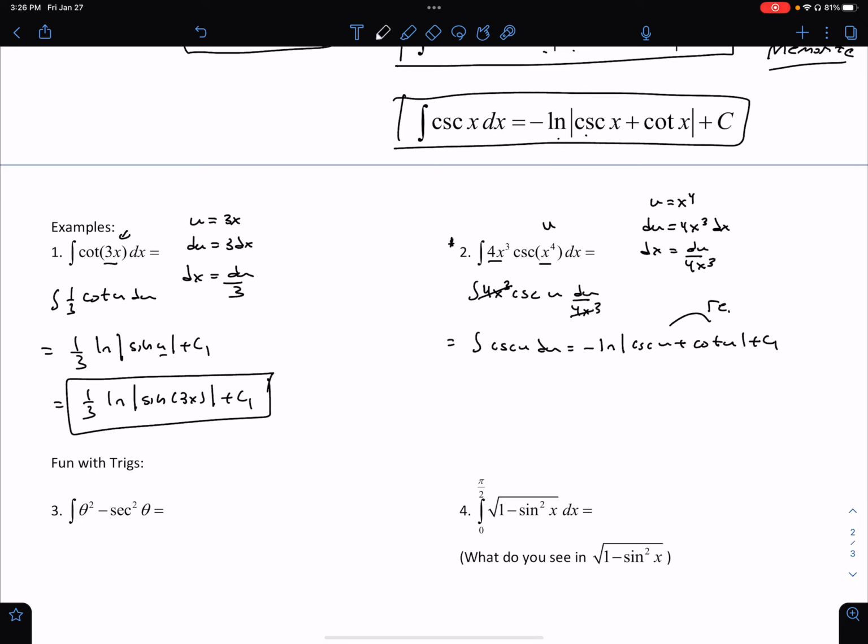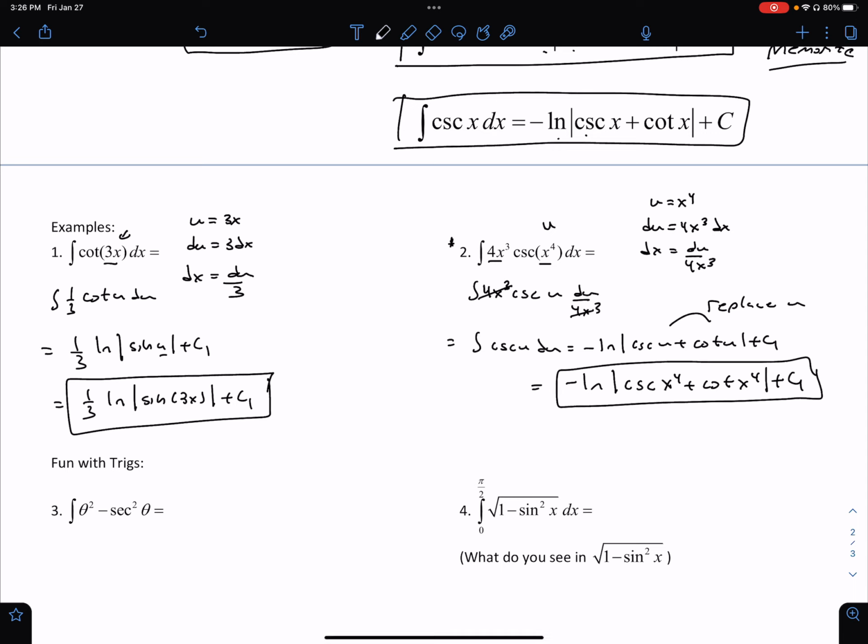We just have to replace u. And what we wind up with is negative natural log of the cosecant of x to the fourth plus the cotangent of x to the fourth plus our constant of integration.